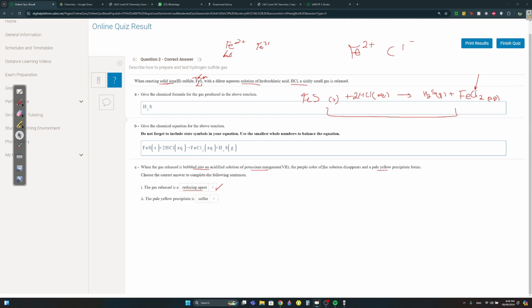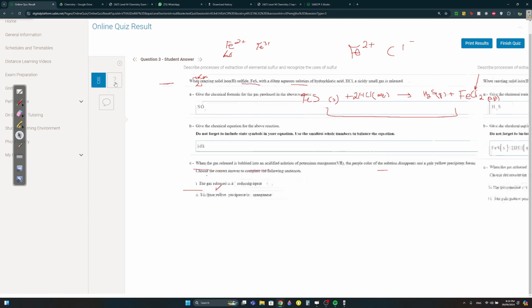Just stick to what's in the notes, and these ones memorize them, because if they do come, they won't cancel them even if they're not in the book and not in the notes. They won't cancel them because at the end of the day you'll say, but we put them in the quiz. Just memorize. If it makes a pale yellow precipitate with potassium manganate when you bubble H2S, that pale yellow precipitate is sulfur. Okay, done.